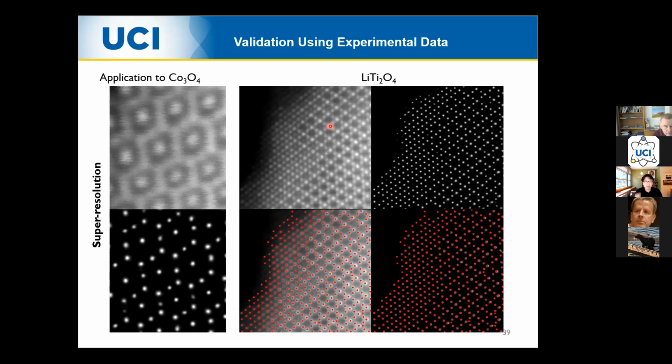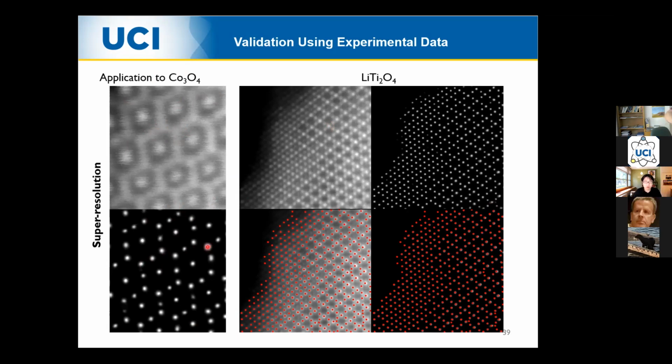Right, here are some examples. On the left, you have a cobalt oxide Co3O4 spinel type, right? And here, this TEM is a little bit low in resolution. So it doesn't really resolve the 3 atomic columns here, or barely resolves them. And you can see after using the super resolution processing network, it works pretty well.